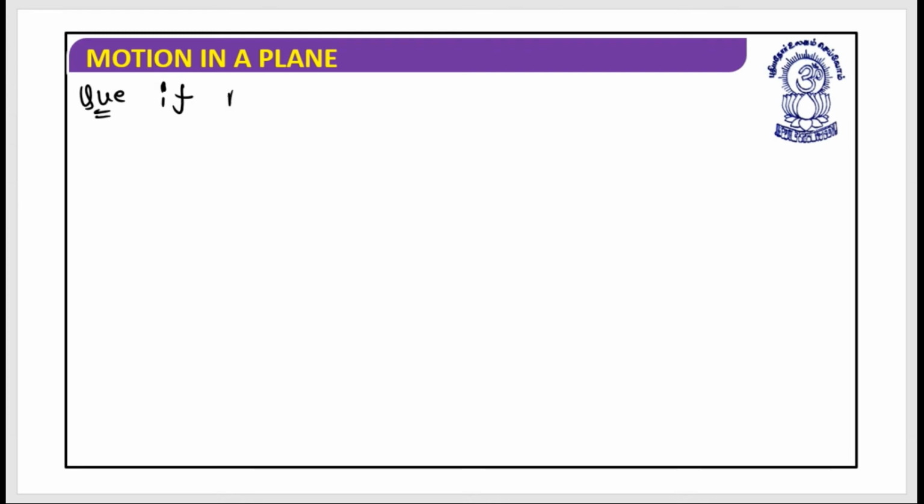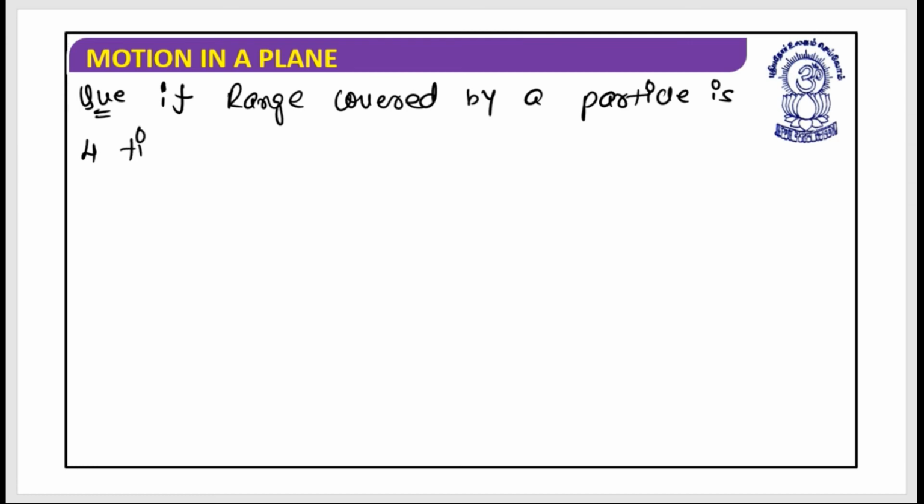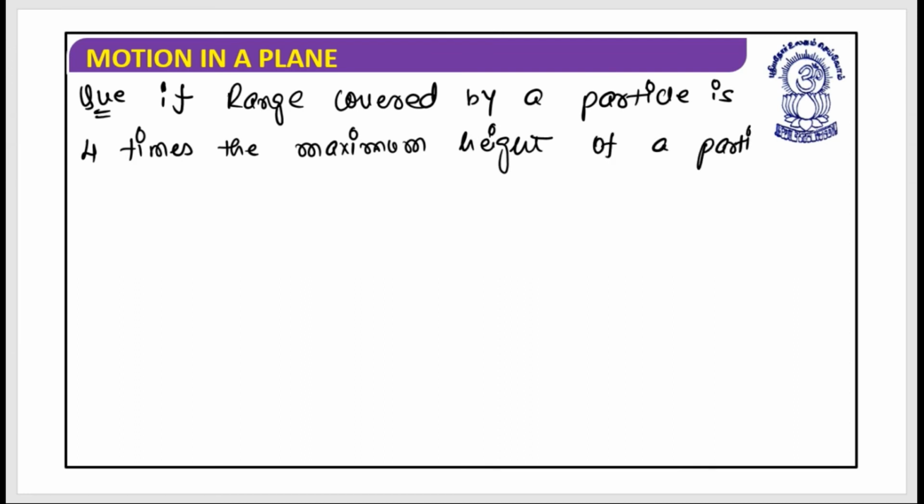If the range covered by a particle is 4 times the maximum height of the particle, find out the angle of projection.